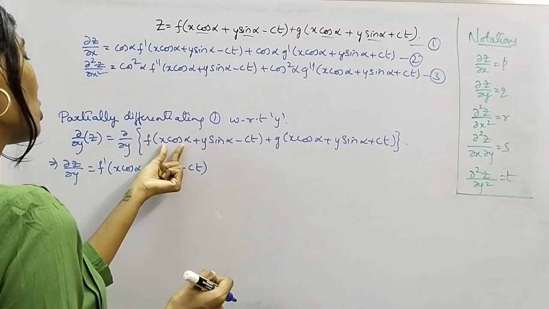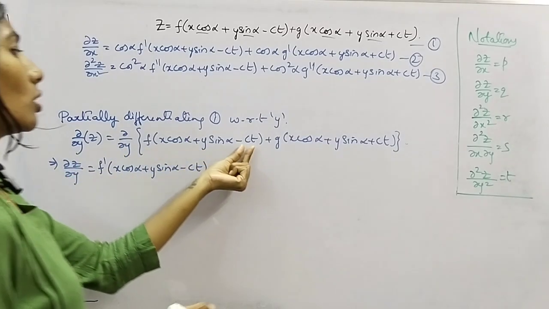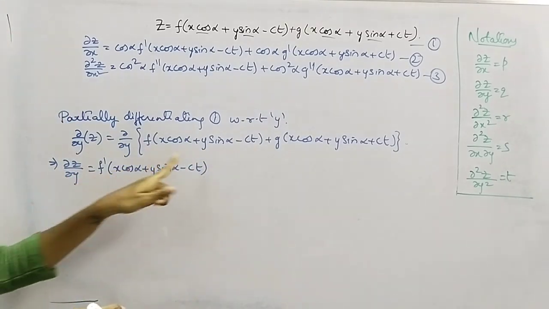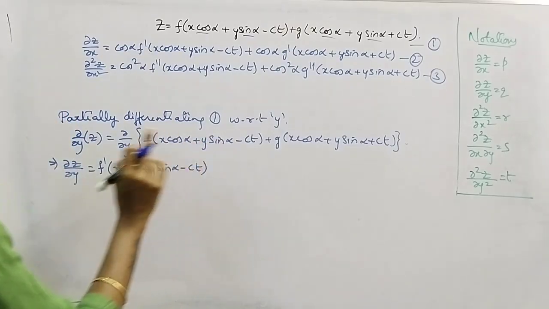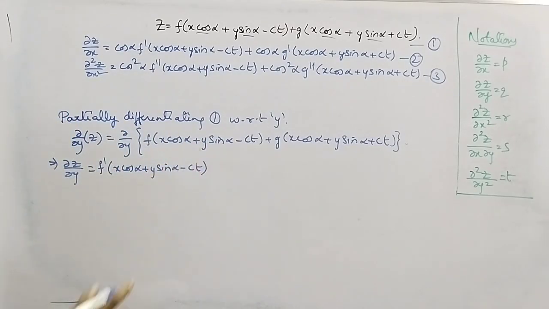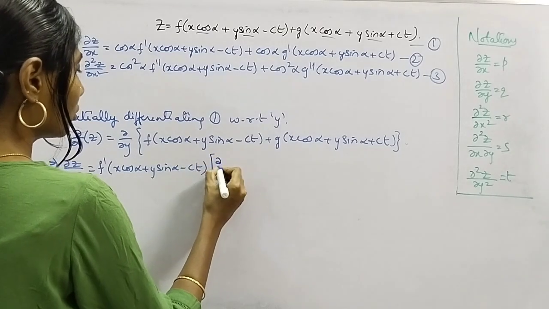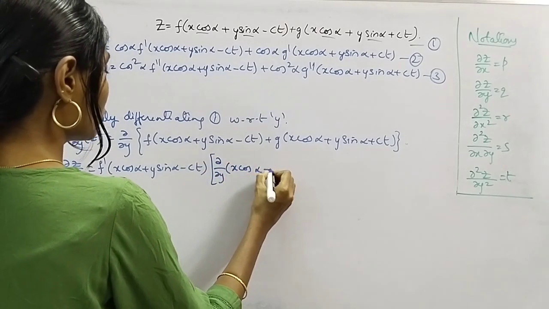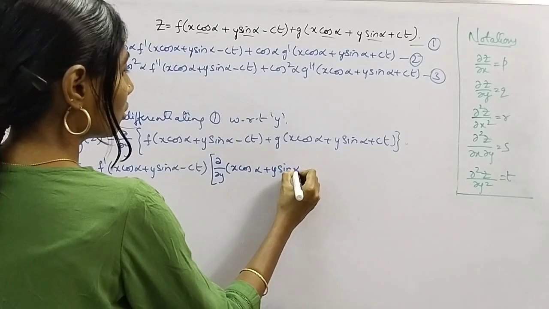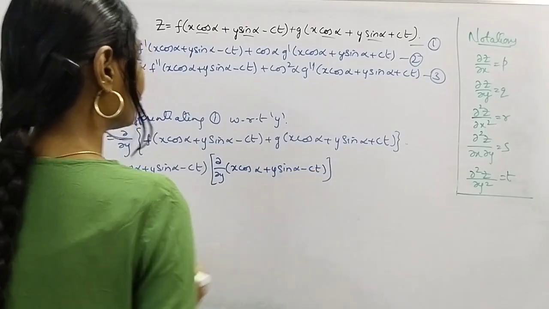So you'll get 1 into sine alpha, sine alpha. Simply you can write sine alpha, or if you are not that good at derivatives, you can just write one more step. There is nothing wrong in it.